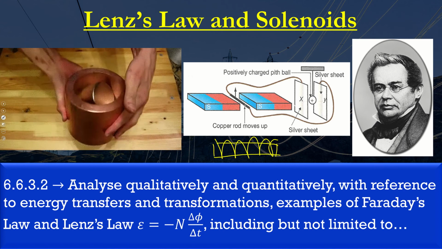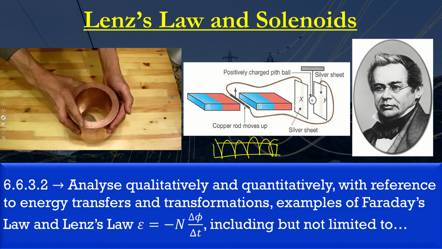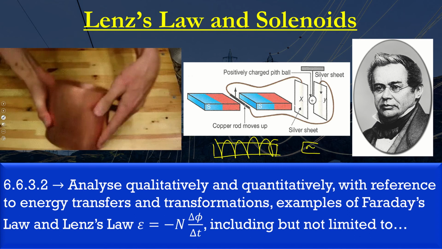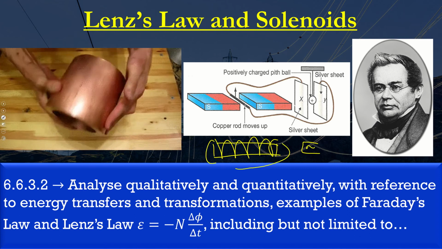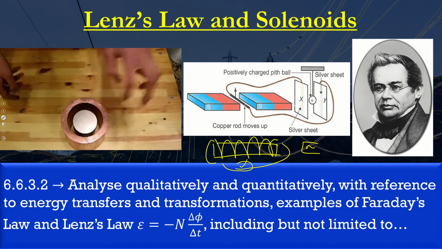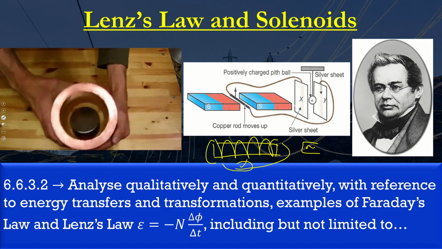So our question is, how do we use Lenz's law and Faraday's law to explain the current that gets induced into these kinds of objects? That's what we're looking at.